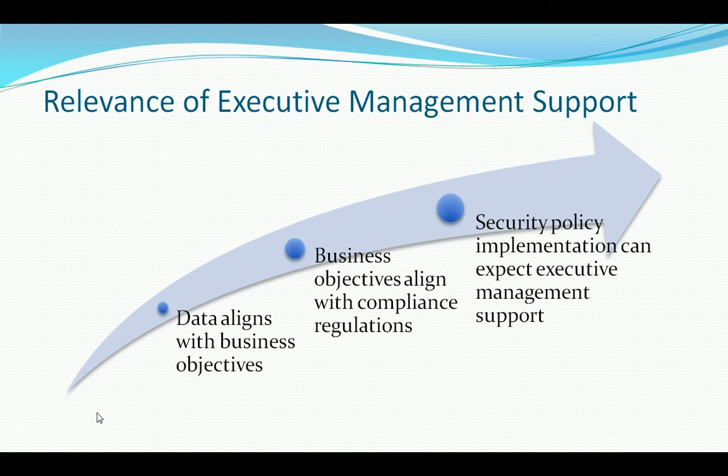Executive management is going to look downstream from the policies: do the policies support the mission of the business? Does the data and IT department support the mission of the business? Does the IT security policy support the mission of those applications and data? And if that's true, does that support regulations? If that's true, then management's going to say, these IT security policies are a great idea.